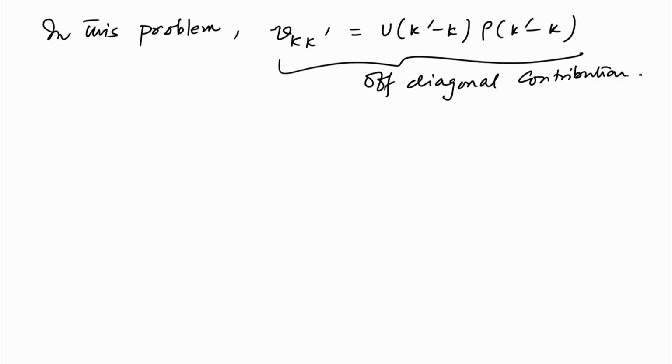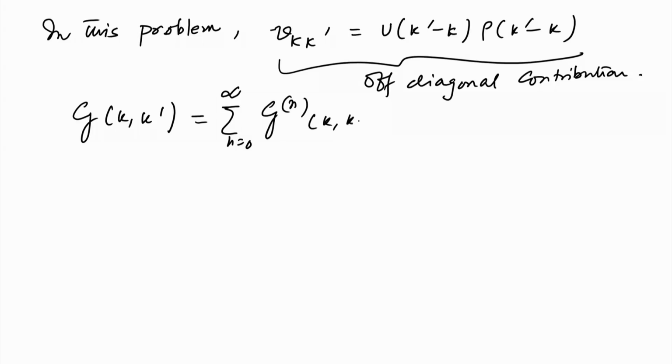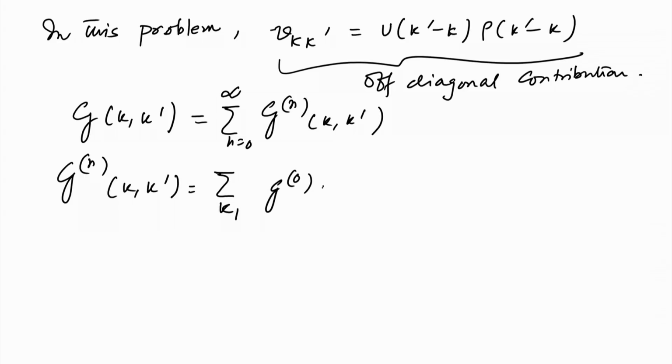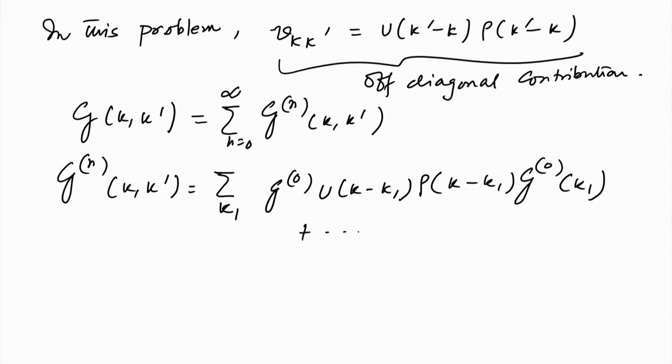And in which case we have G(k, k prime), which can be written as a sum over n equal to 0 to infinity, just like what we have done before, of G_n(k, k prime), that is the solution, and where G_n, that is the nth order, can be written as a sum over k_1 of G_0 u(k minus k_1) rho(k minus k_1) G_0(k_1) and all those other terms with k_2 for the second order and for the third order and so on.